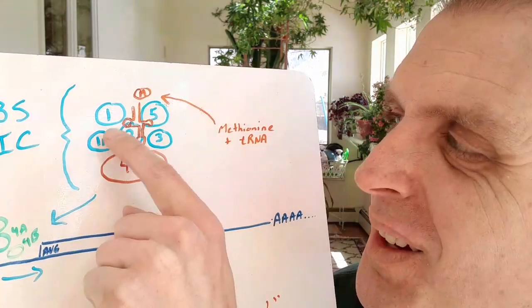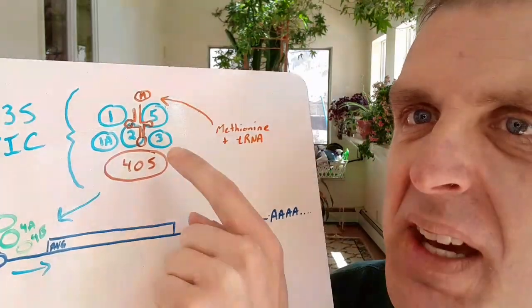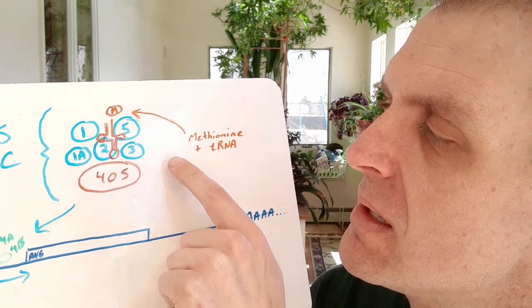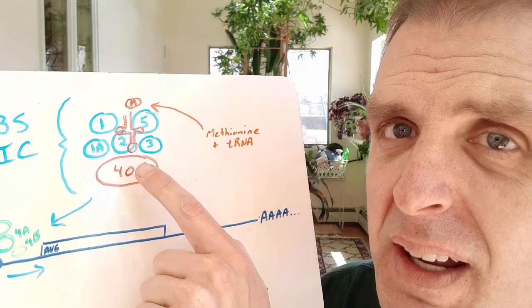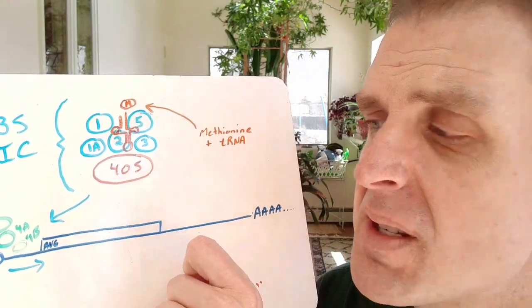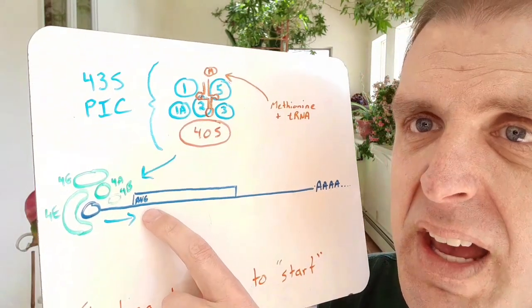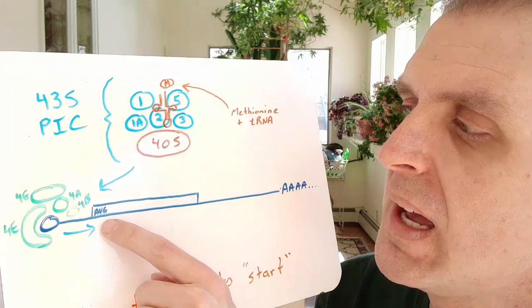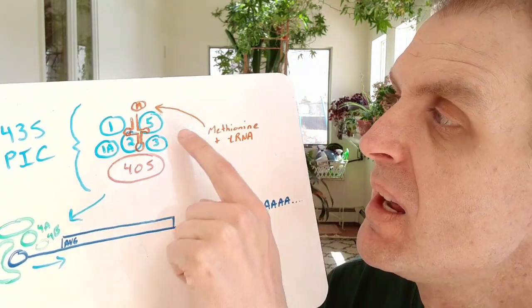The orange upside-down cross-looking thing is a tRNA, and this is the initiator tRNA, and it's going to be looking for the start codon. You remember AUG is the start codon, and that AUG codes for methionine.